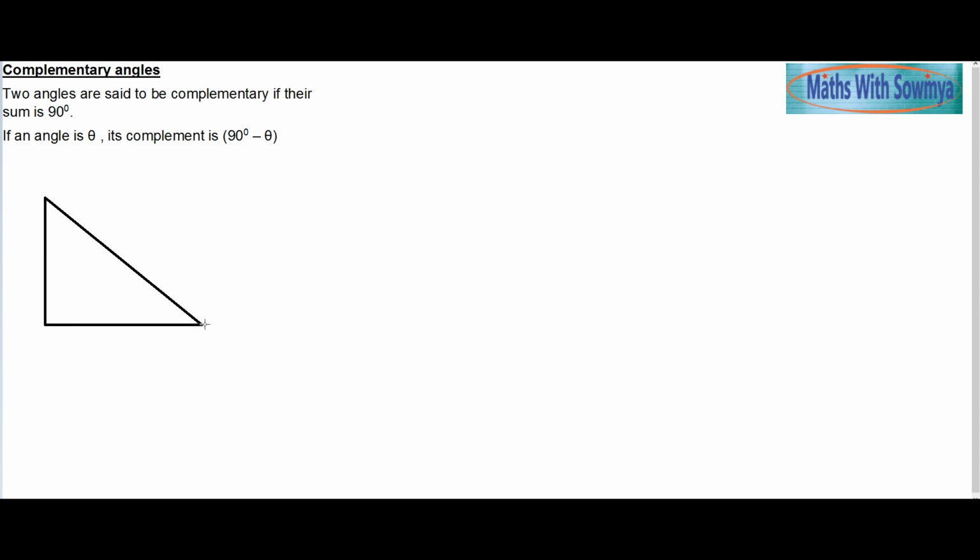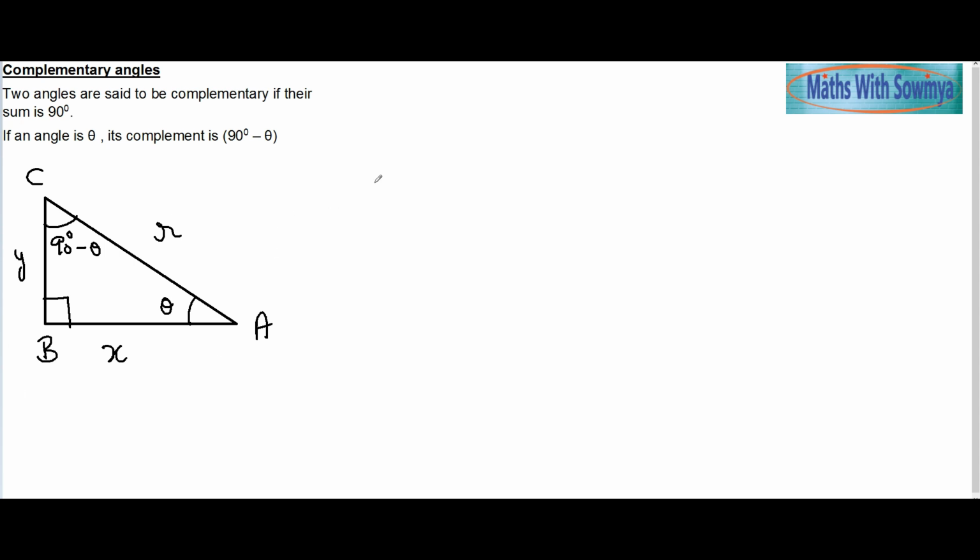Taking a right angle triangle, I call it ABC. This is 90 degrees. Angle A is theta. By the angle sum property, the other angle will be 90 degrees minus theta. Suppose we call the sides x, y, and r.